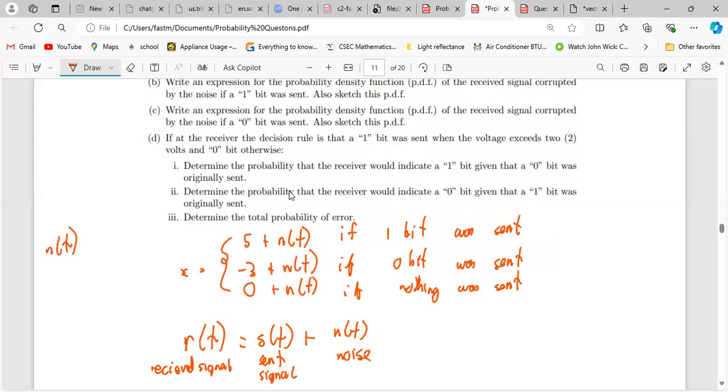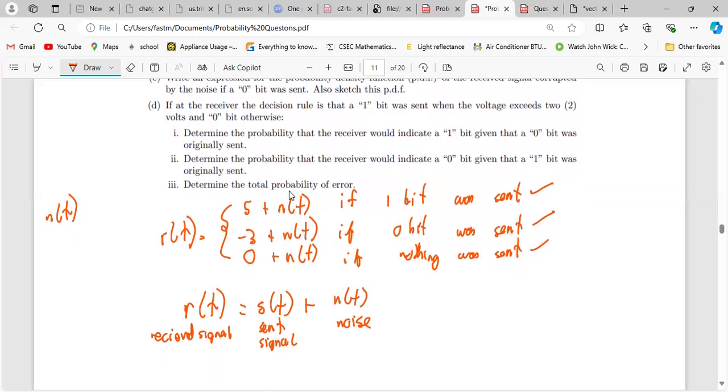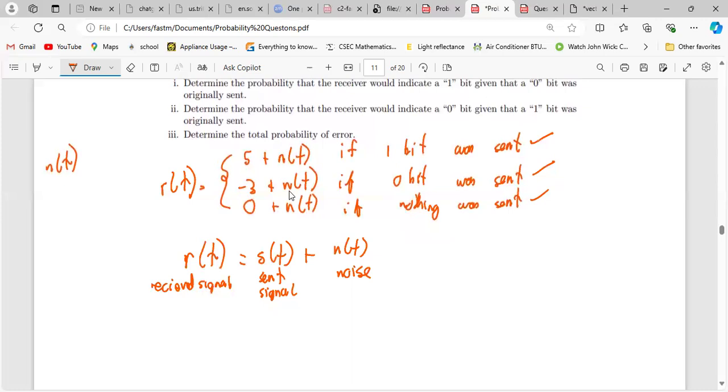So instead of writing X, we could actually write it as R of T. It could have 3 possible outcomes: 1, 0, or nothing was sent. So we have the diagram work done.